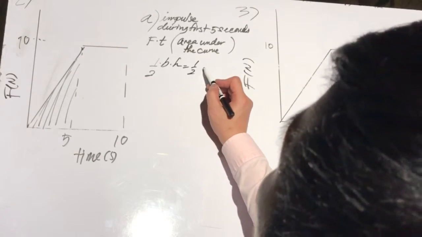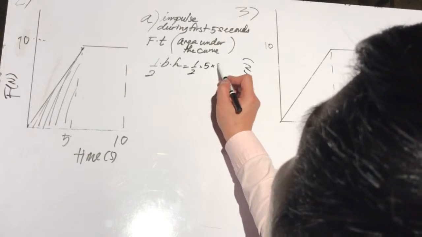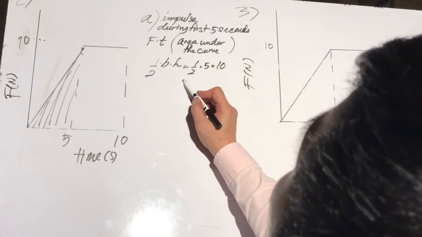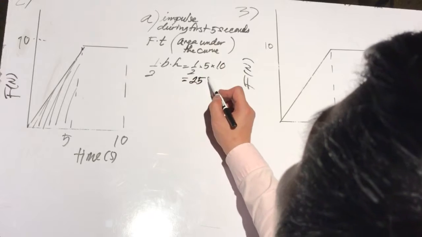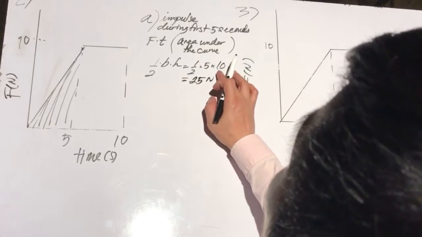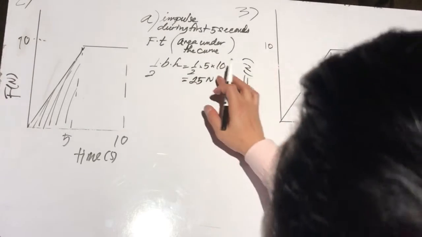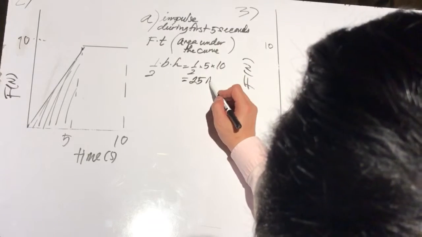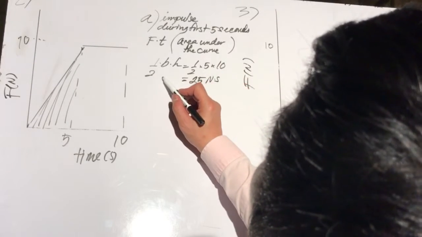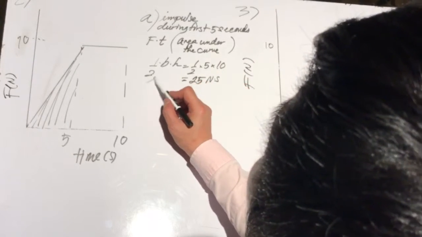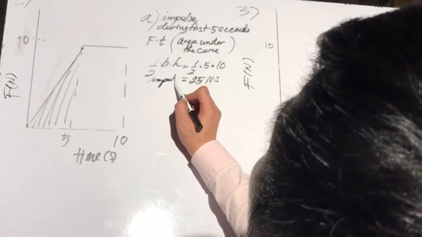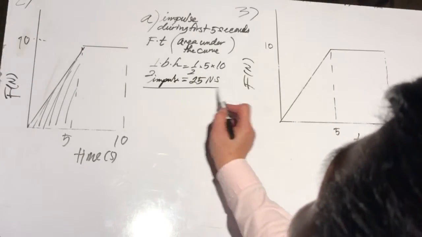So 1/2 times 5 times 10 gives me 25 newton-seconds. This is what impulse is. So the impulse is that.